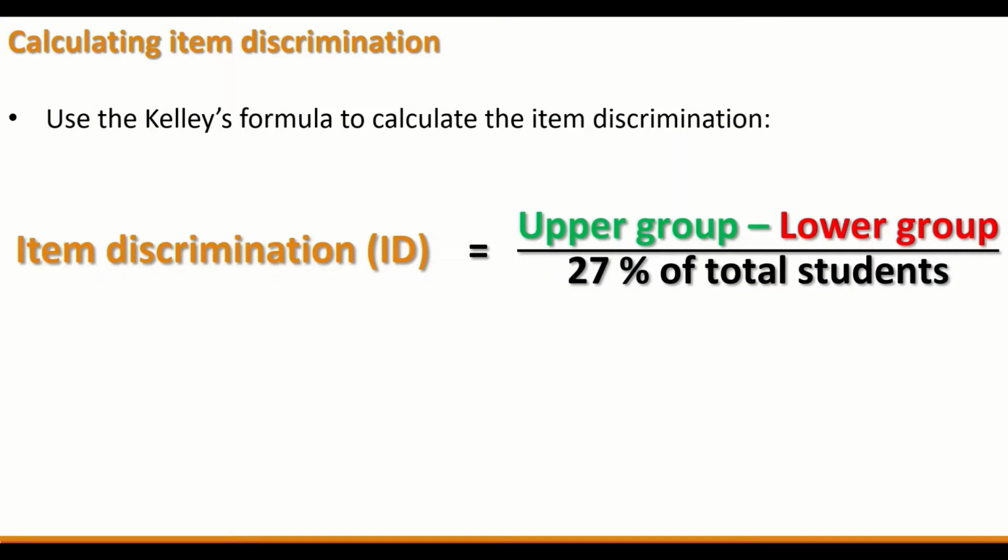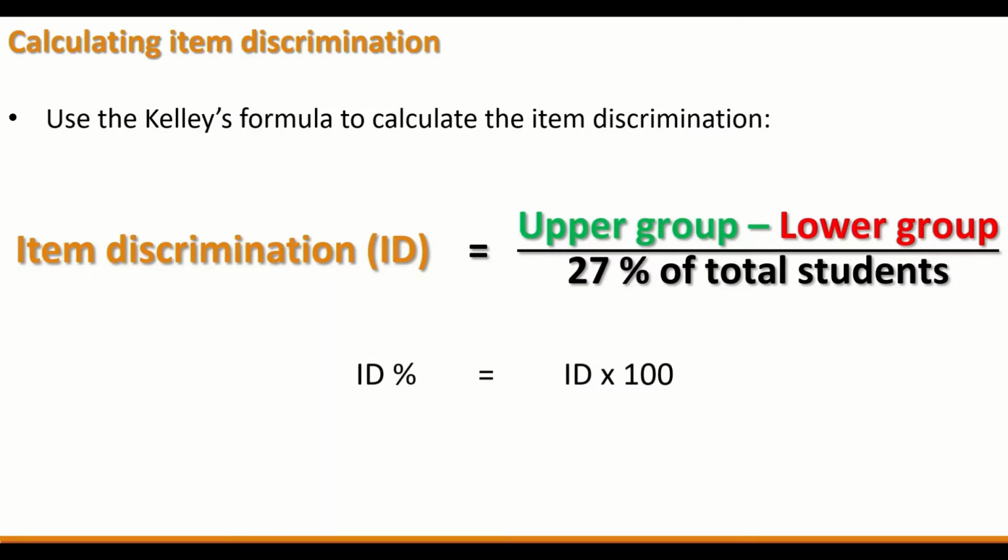The ID equals the upper group minus the lower group divided by 27% of total students, i.e. calculating the upper group proportion and the lower group proportion and subtracting them to get the ID.